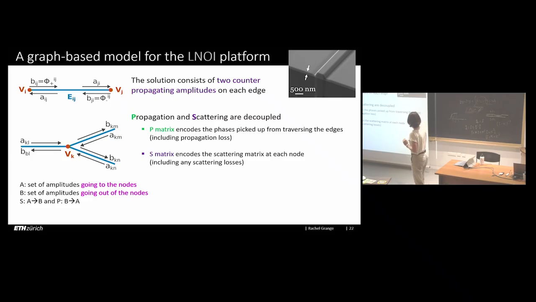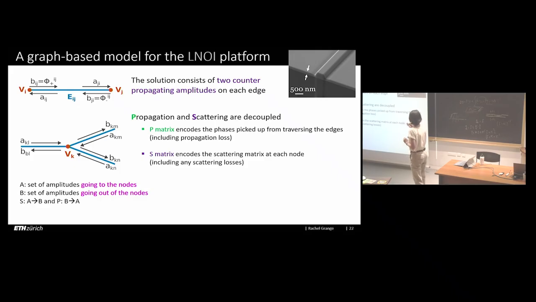Here is an example of a waveguide. We can launch light into this waveguide, and we have an edge here. On this edge, we have two counter-propagating amplitudes. The B's are going out of the nodes, the A's are going to the nodes.